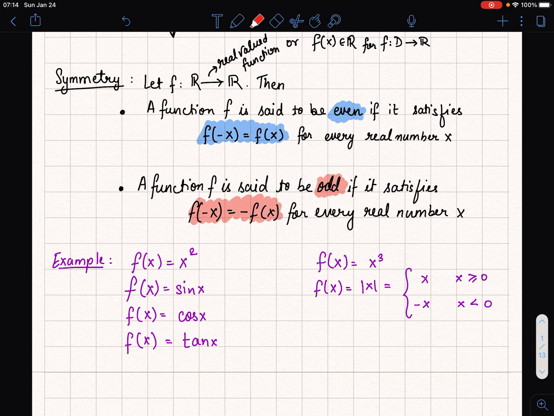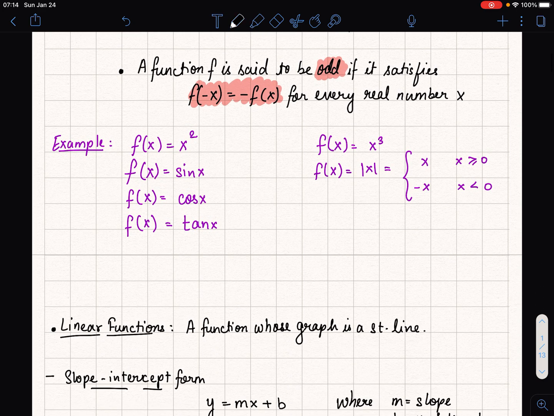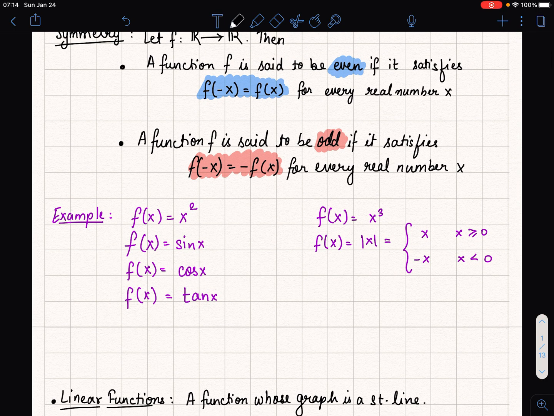Let's look at some examples to understand this. First one is f of x equals x squared. If we look at the definition of even and odd, the first thing we need to do is calculate f of minus x. So f of minus x equals minus x, the whole squared.